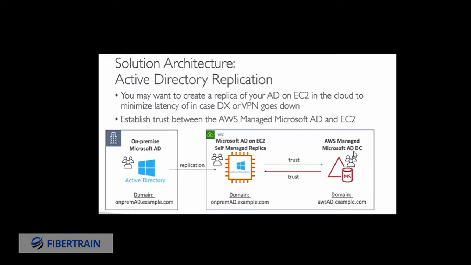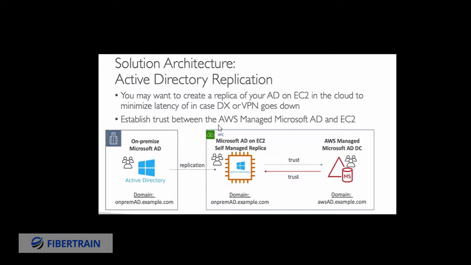And so that's how you can configure replication between the AWS managed Microsoft Active Directory and the on-premises Microsoft Active Directory. Note that for the AWS EC2 instance running Active Directory to reach the on-premises server, you need to set up a Direct Connect, or DX, or set up a VPN connection so that these two can replicate data accordingly.